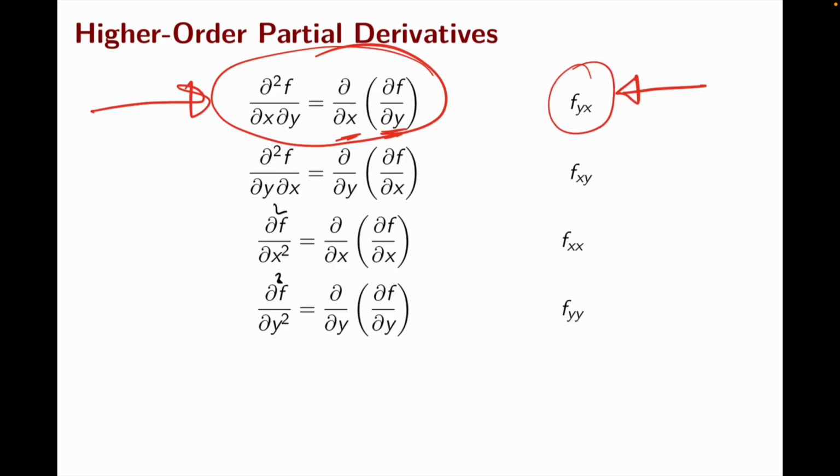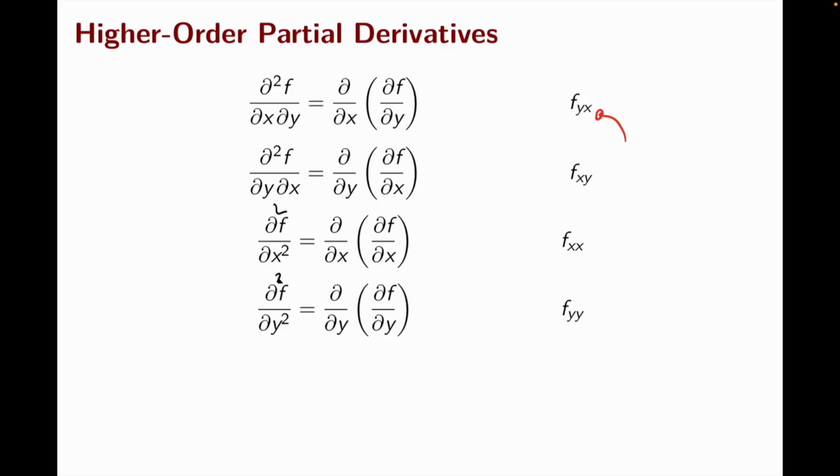Well, this is exactly what this one here is saying: x is the last one that you do, y is the first one you did. So both say the same thing, but observe that the position of the order is different. So you say xy here, and yx here. So pay attention to what notation you are using to understand in what order to do the derivative.